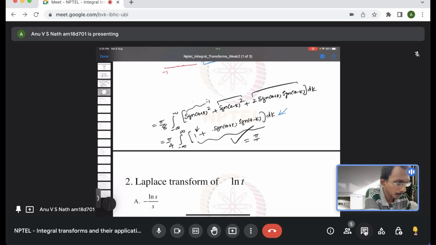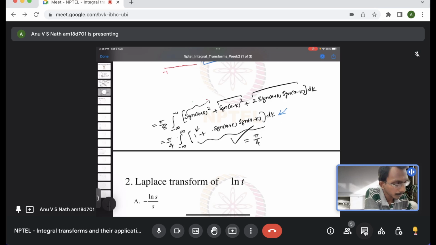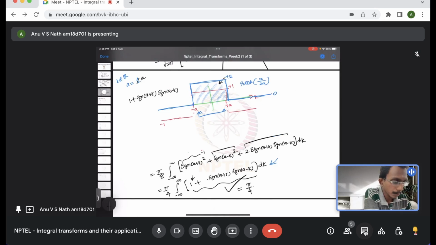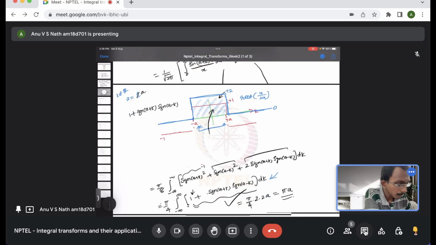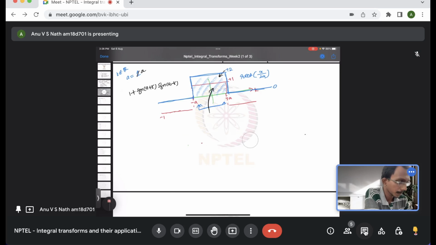This is just pi by 4 times, even though we are integrating from minus infinity to plus infinity, only from minus a to plus a the rectangle is contributing to the area. Its height is 2 and width is 2a, so it's basically pi a. So the integral we wanted has the value pi a.